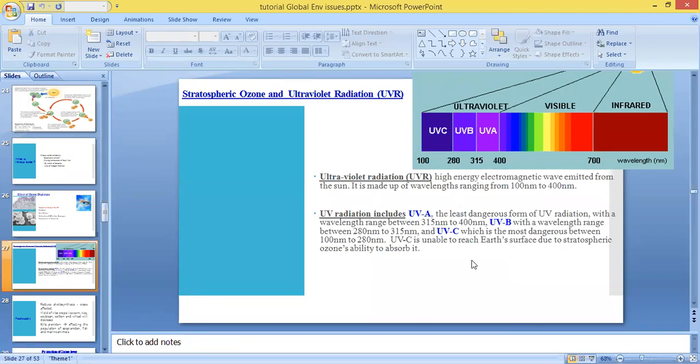UVC is unable to reach the Earth's surface due to stratospheric ozone's ability to absorb it. So it does not reach the surface of the Earth because stratospheric ozone generally absorbs that particular radiation. Okay, so just imagine that if it reaches the surface of the Earth, it will cause a lot of damage.